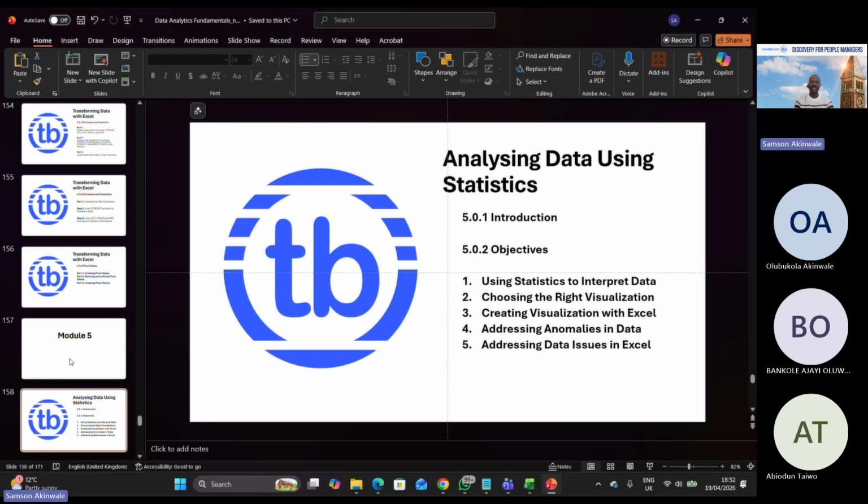As soon as we are done with data preparation and data cleaning, and the data is ready to be subjected to analysis, we want to be confident enough to choose the most appropriate visualization chart for that particular data.